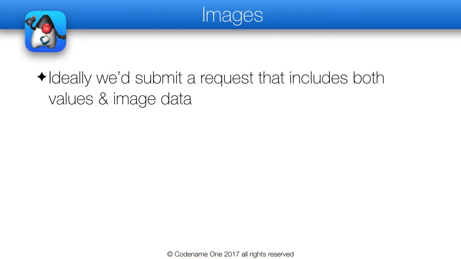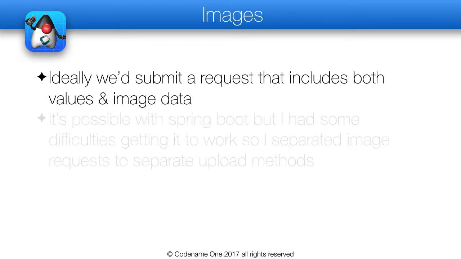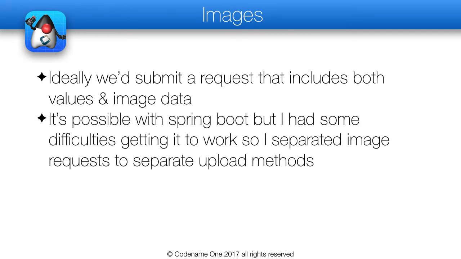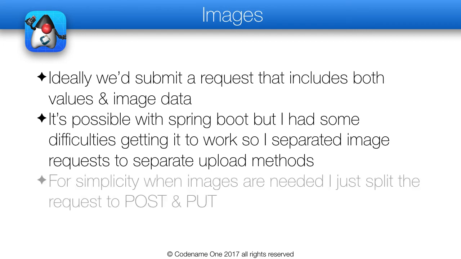Normally, when we add data like a dish, you would expect the submission to include both the image of the dish and all the properties. It's possible, but I was having issues with Spring Boot and multi-part request conflicting with the JSON parsing. It's probably something I could have solved, but I wanted to move forward, so I separated this into two calls.